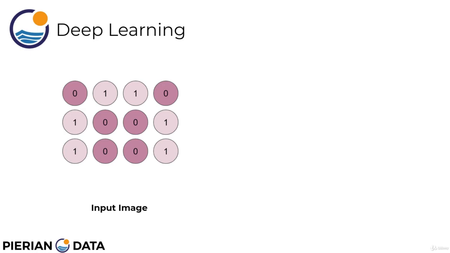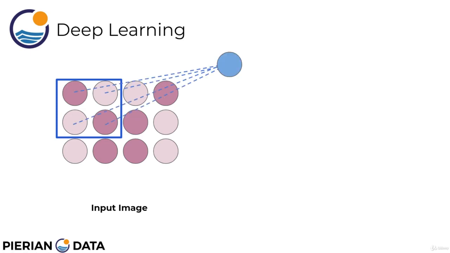So here's our input image, kind of just this really simple Y shape that we're showing here with darker zeros and lighter ones. Then what we're going to do with this input image is recall that we have this filter that we can essentially scan across the image. And other things to remember is that if we wanted to, we could pad the image, and we can also choose a stride length.